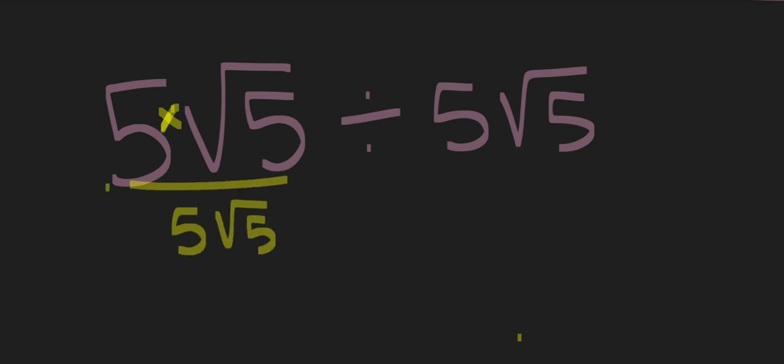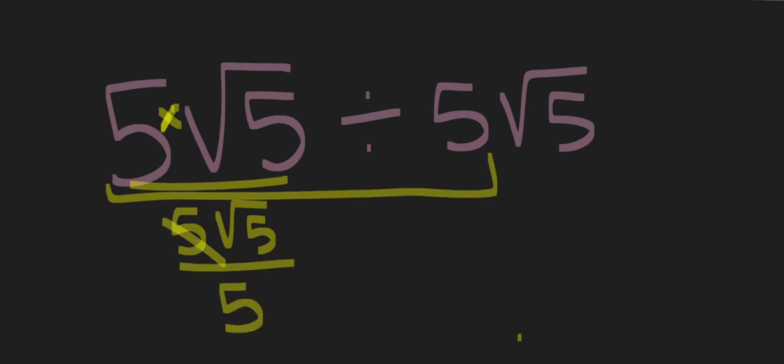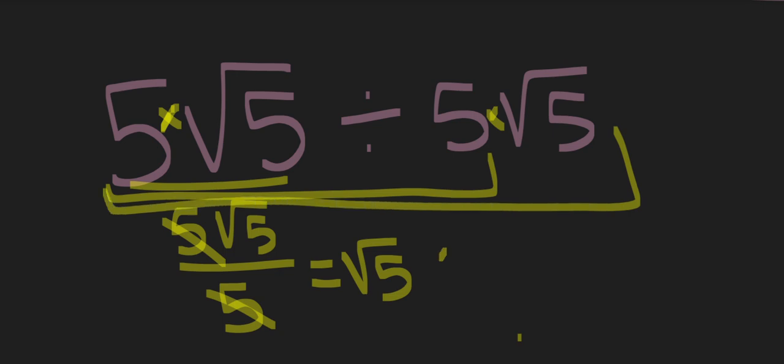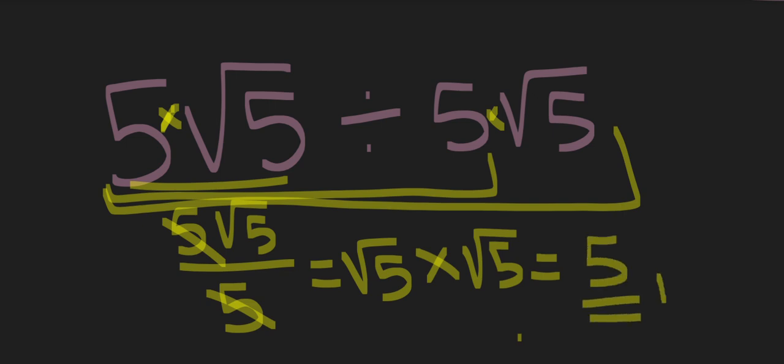And then we divide that by 5, so we get square root of 5. And then finally we multiply that by square root of 5, and that is equal to 5. Right? It is not equal to 1.